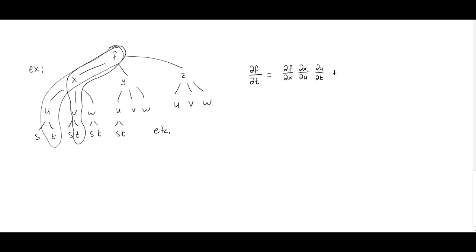So then next I'd have partial of f with respect to x, partial of x with respect to v, and then partial of v with respect to t, and so forth. So you could write out the entire formula if you were to go through the entire tree, okay? So I'm not gonna write it all out because it's very long, but I just wanted to show you you can do more complicated situations, all right?